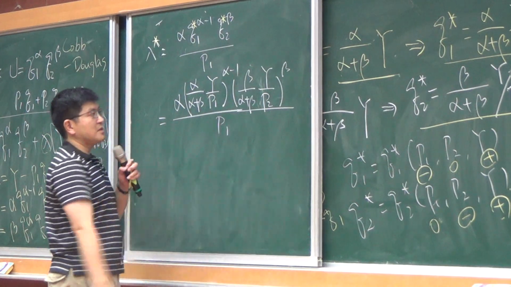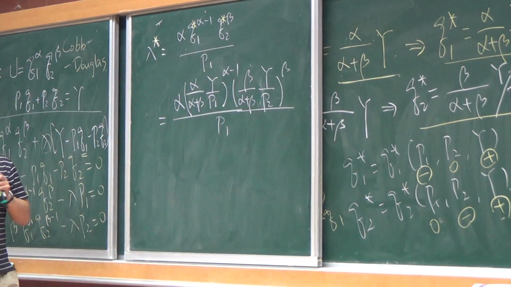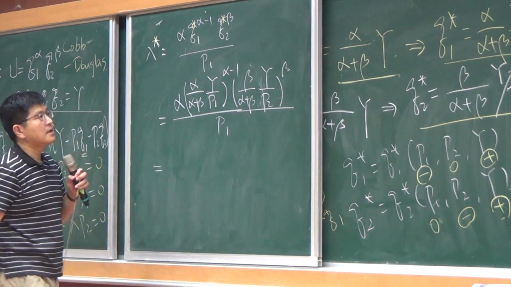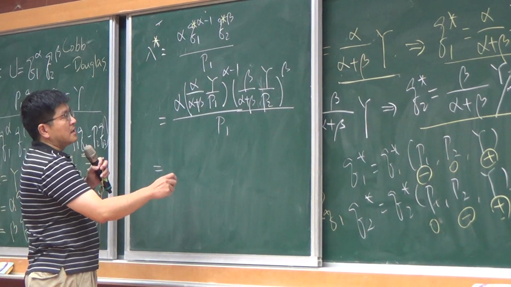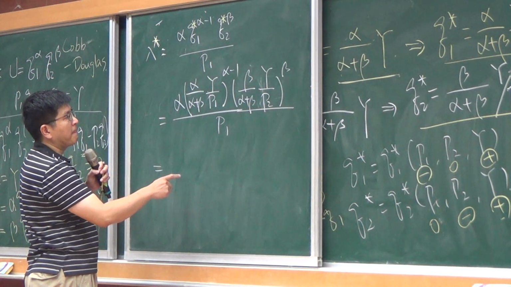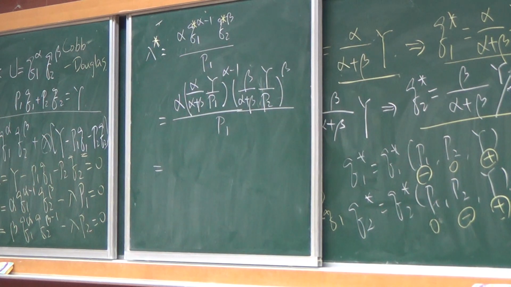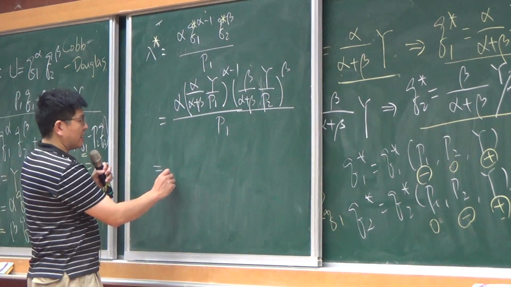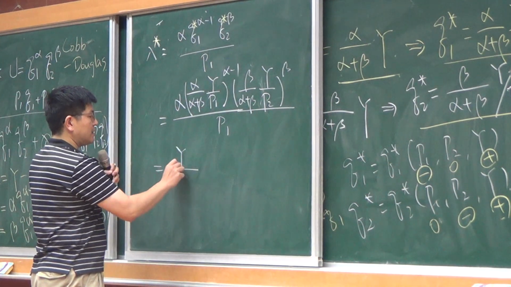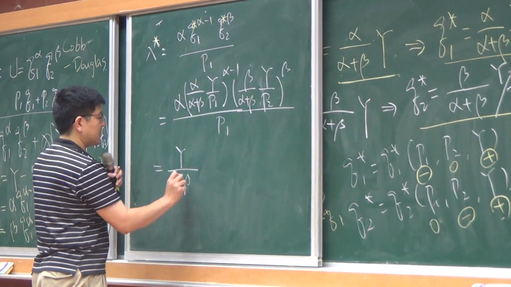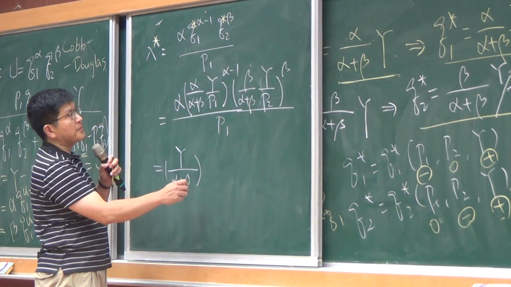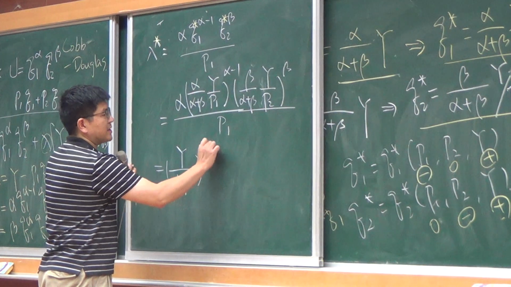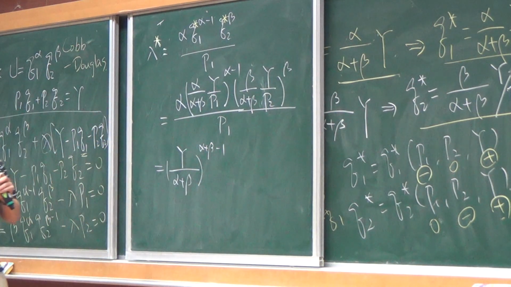And we have a p1 in the denominator. So we'll have y over alpha plus beta to the power of alpha plus beta minus 1.